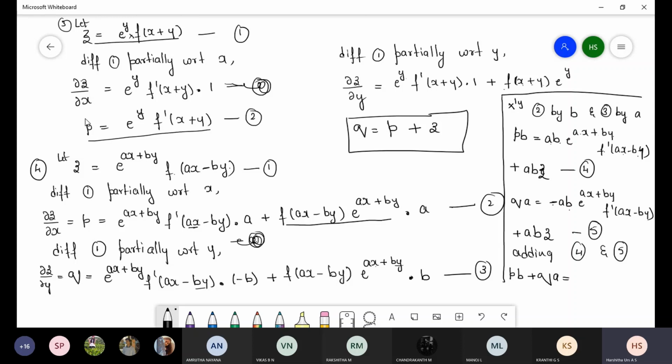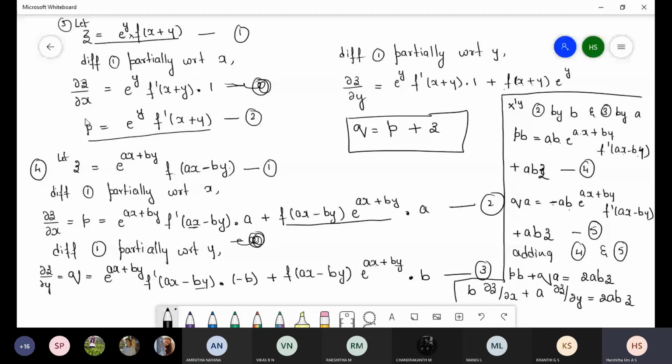Remaining abz plus abz, so we get 2 times abz. So finally we can write b into p value, dou z by dou x, plus a into q value, dou z by dou y, is equal to 2abz. This is the required partial differential equation.